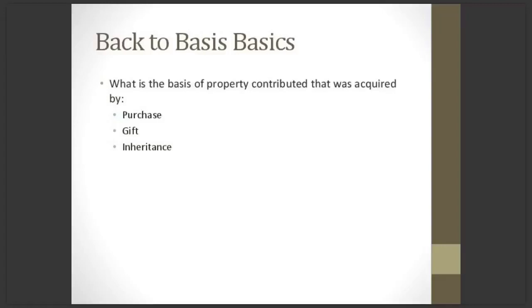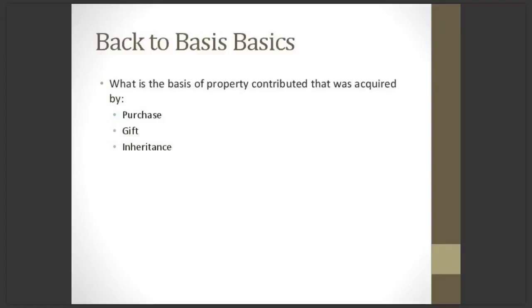So we need to know exactly what it is that has a value to us, and what that value is, as we put in anything of value to the partnership to get our fair share. So the first few slides are going to discuss just that.